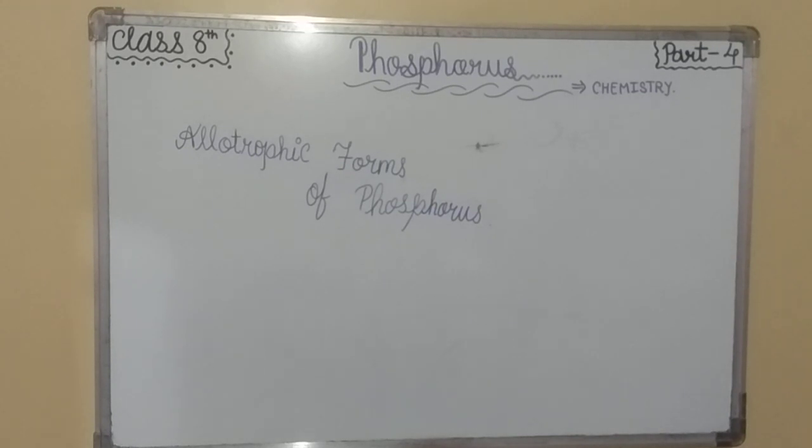The various allotropic forms of phosphorus are white phosphorus, yellow phosphorus, red phosphorus, scarlet phosphorus, black phosphorus and violet phosphorus. These forms differ only in physical properties, but chemical properties remain the same.